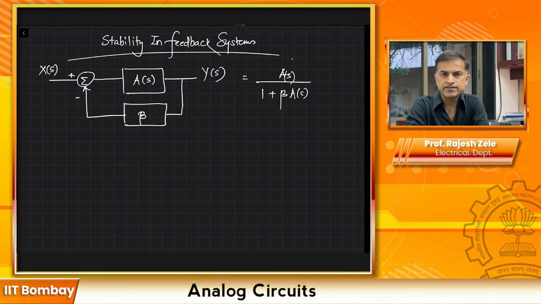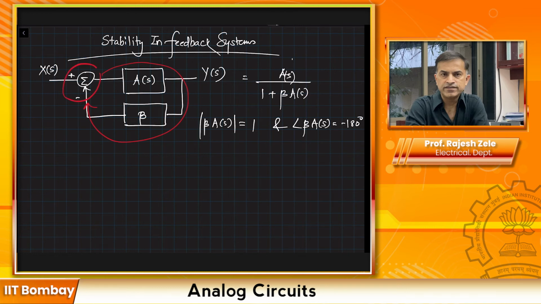So the condition for oscillations, the Barkhausen criteria that we talked about earlier, was that beta times A of S becomes equal to 1, and the angle of beta A of S is equal to minus 180 degrees. When that happens, the signals will add constructively around the loop, from here to here.